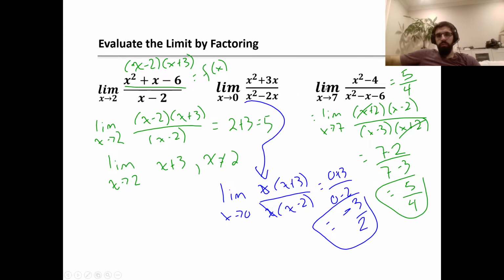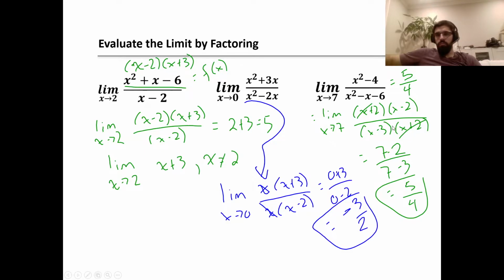Third example, the limit as x approaches 7 of this function. We can factor this like before. The top we get x plus 2 times x minus 2, that's a difference of squares. The bottom we can factor as x minus 3 times x plus 2.